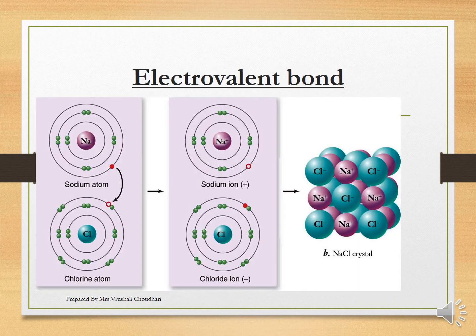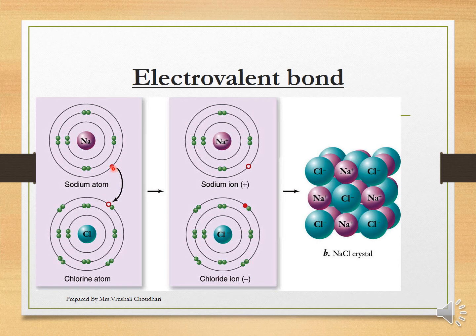See, this is the sodium atom. Configuration is 2 electrons in the first orbit, 8 electrons in the second orbit, and 1 electron in the outer orbit.